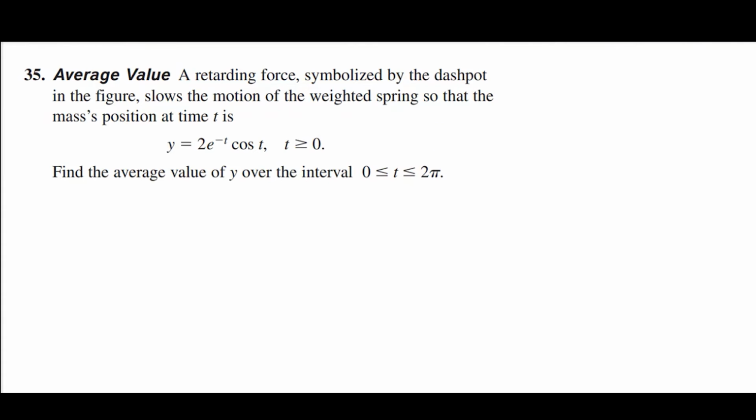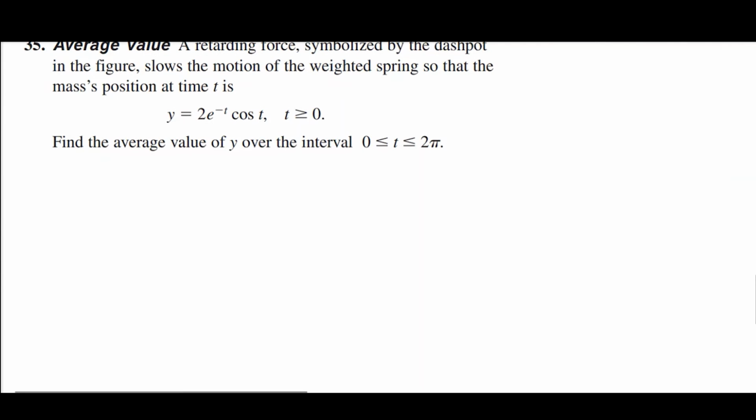So let's do it. The average of y is equal to the integral from 0 to 2 pi of 2 e to the negative t cosine t dt, and then you divide that by 2 pi, which I will just put like that.